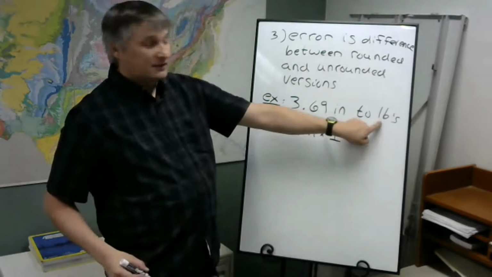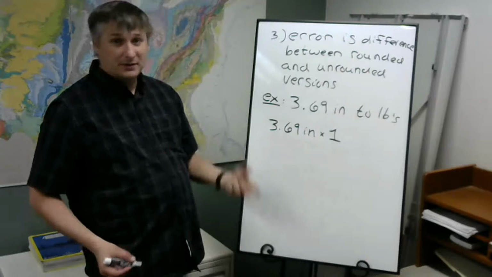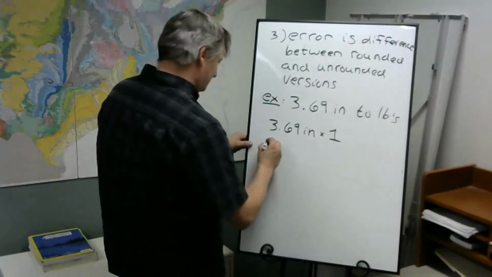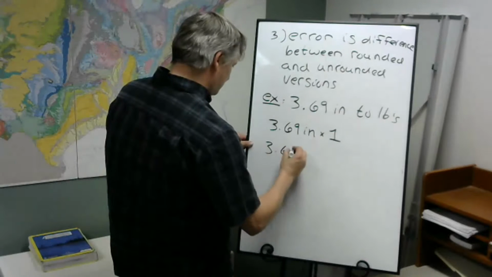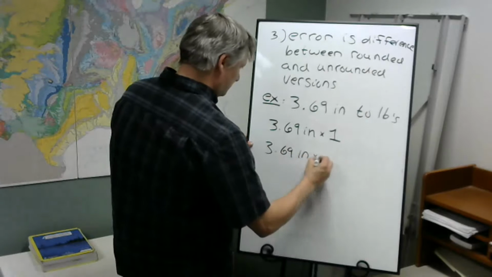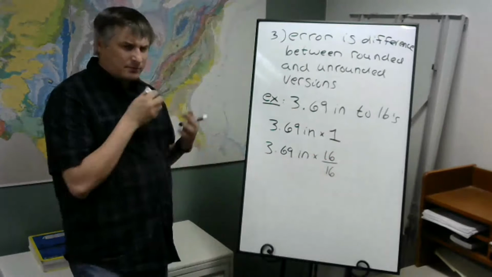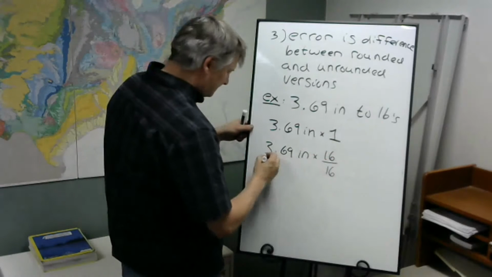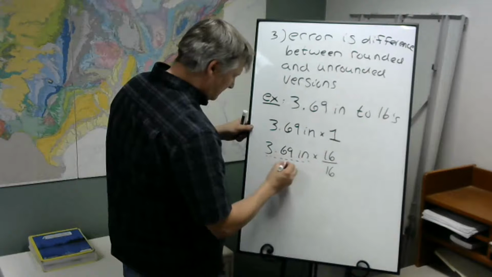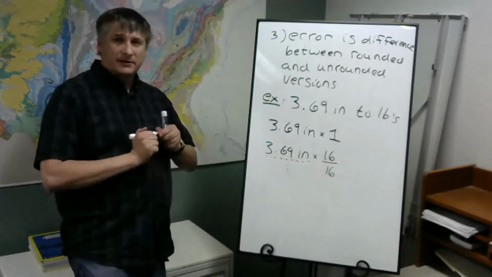And since we're going to convert this to 1/16 of an inch, we want to make this one 16/16. Now, something to keep in mind, when we multiply by fractions, always put an invisible 1 here.